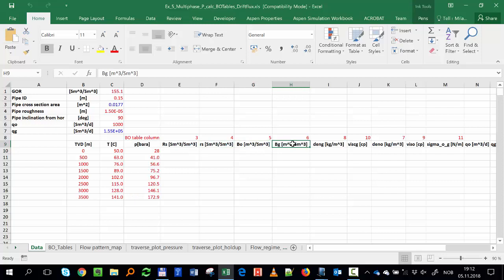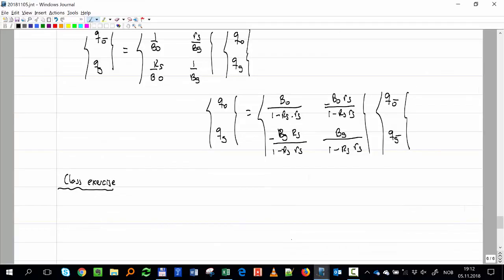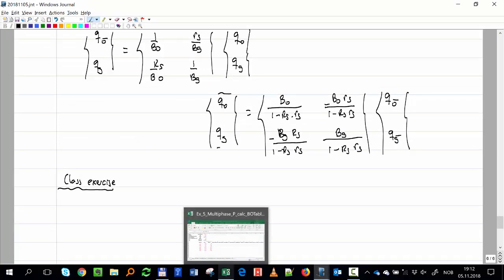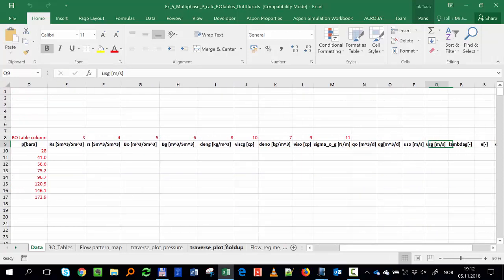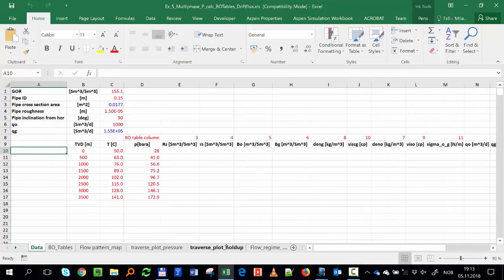After we have all of that, we can apply our matrix and find the local rate, and that we have to fill in columns N and O. That will help me find how much oil and how much gas you have locally in that position of the tube.